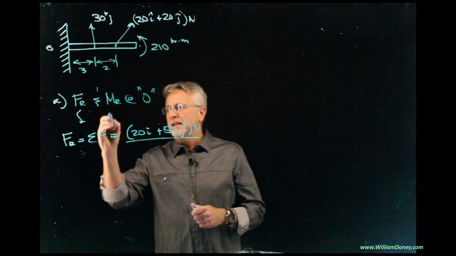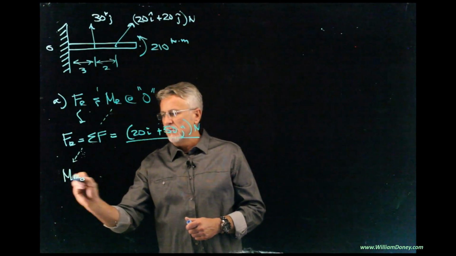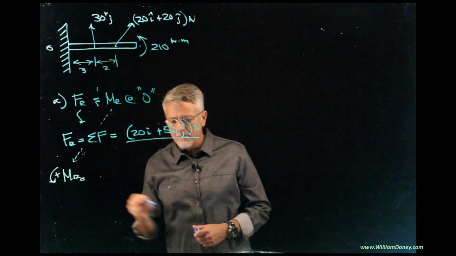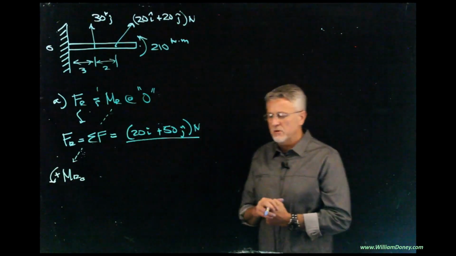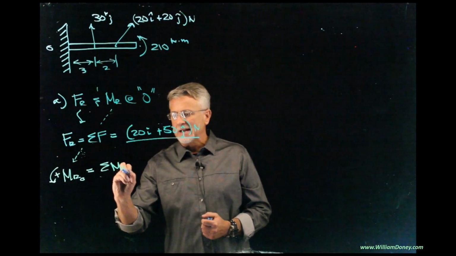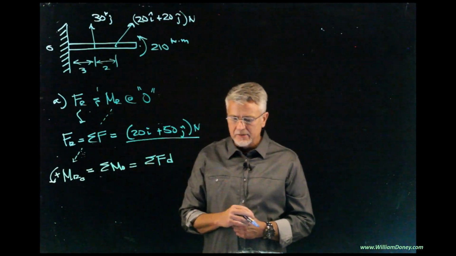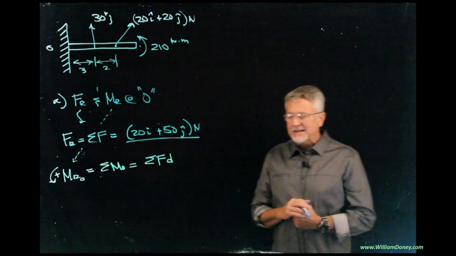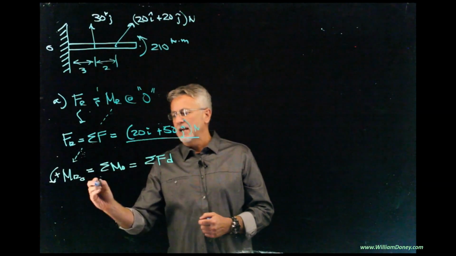All right, what about the resultant moment? Well, the resultant moment is going to be M_O. We're going to call positive counterclockwise, which is what we traditionally do. That means we're going to sum up all the moments acting about O, which means we're going to sum up all the force times distance acting there. Keeping in mind the signs.